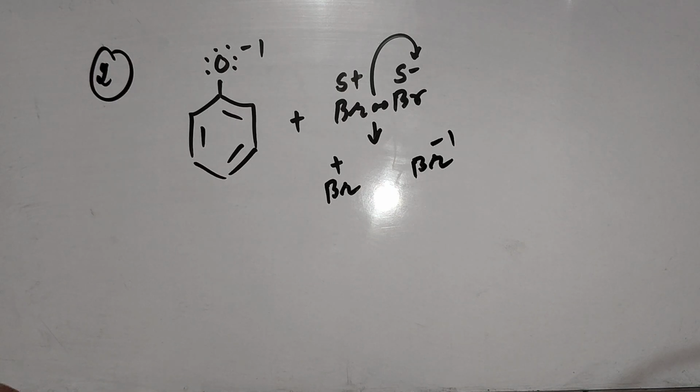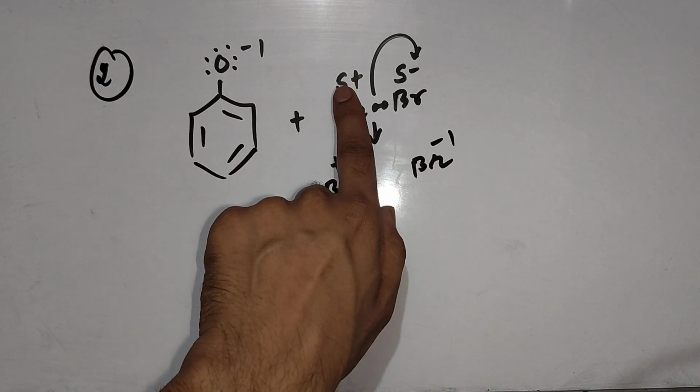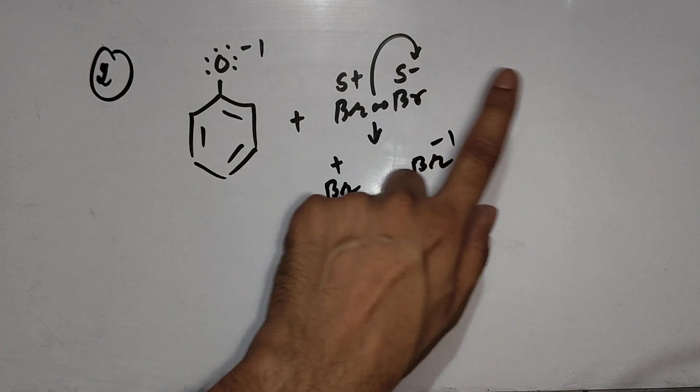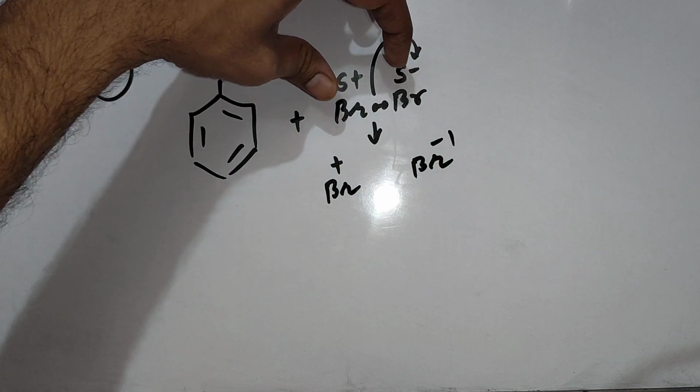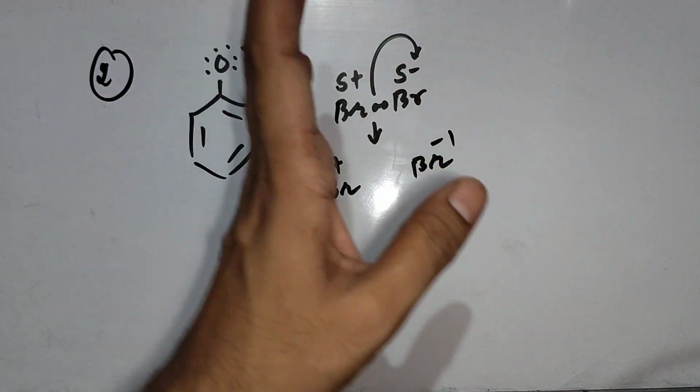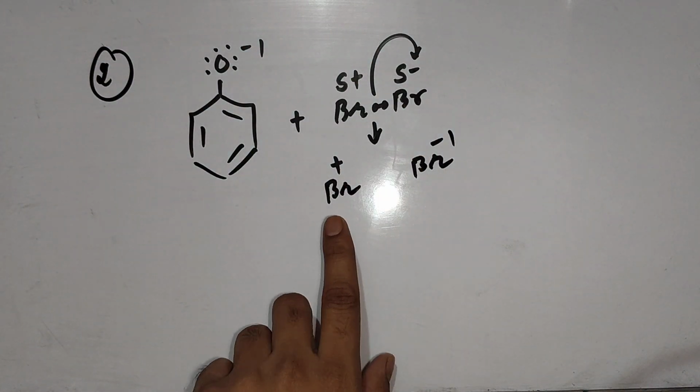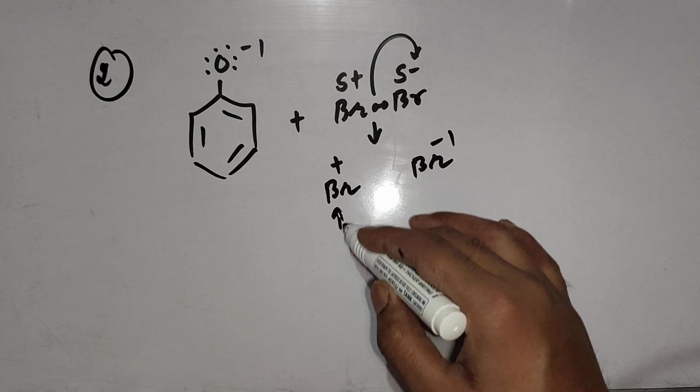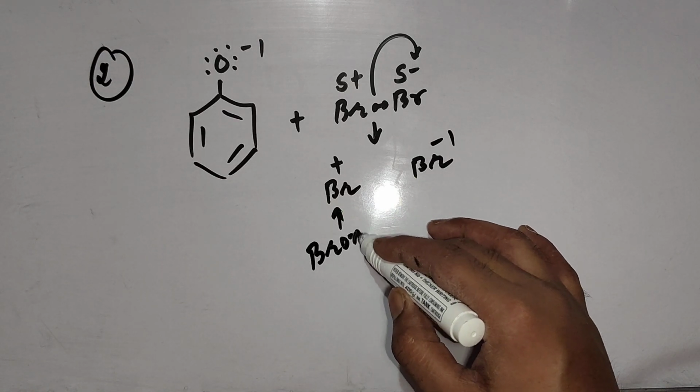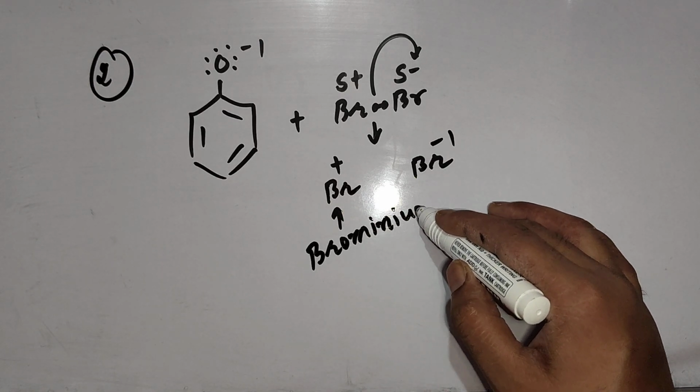Like this. They were partially positive and partially negative due to water molecules. But when they come in contact with phenoxide ion, they will completely break their bond and one bromine will become brominium ion. This is brominium ion.